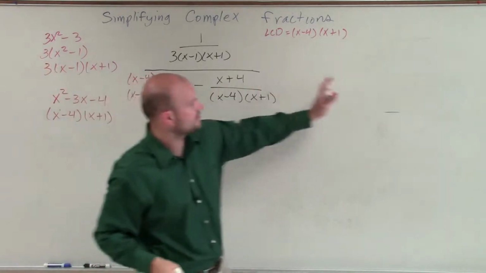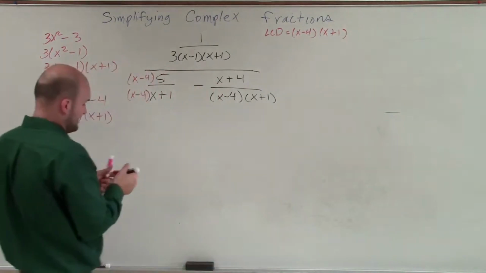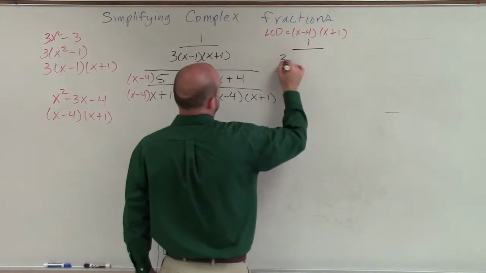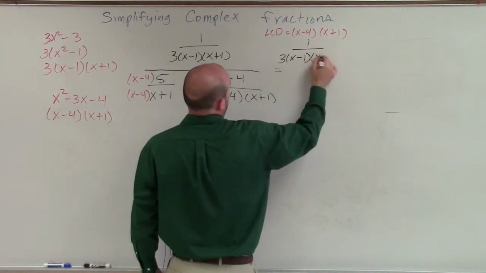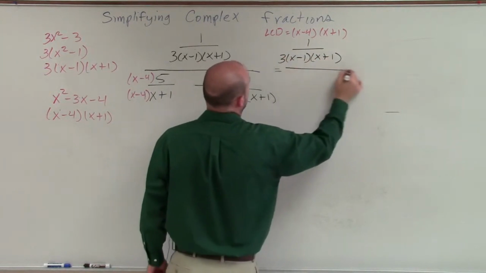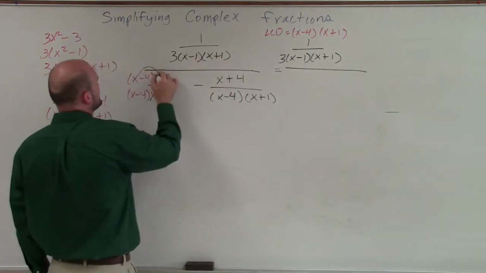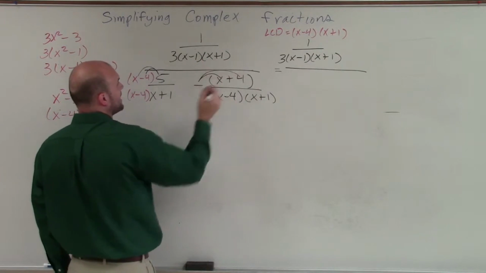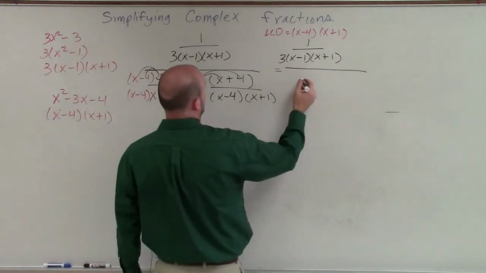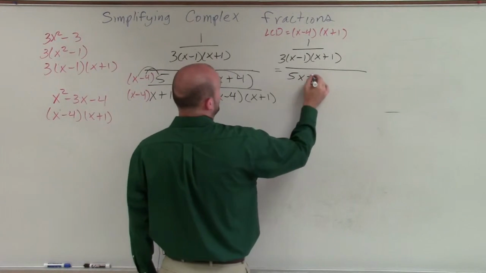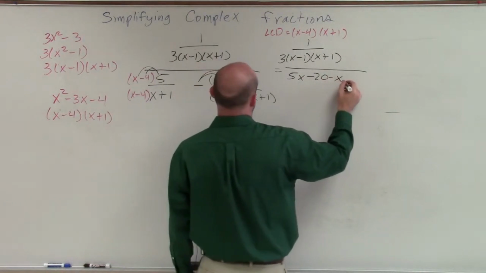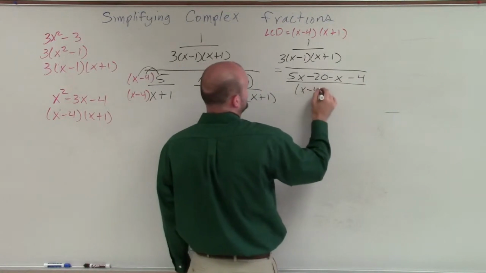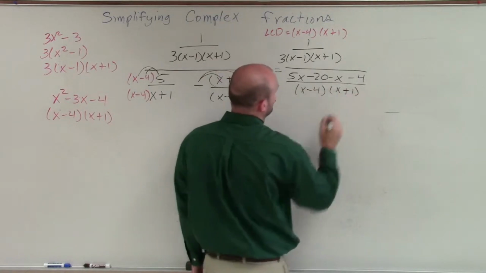By simplifying this, my numerator is going to stay the same. But now in my denominator, I'll apply the distributive property here, and also notice this negative sign; I need to make sure I apply the distributive property there. So I'll have 5x minus 20 minus x minus 4, all over x minus 4 times x plus 1.